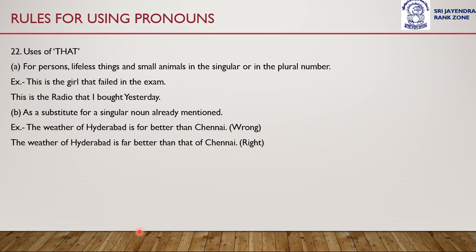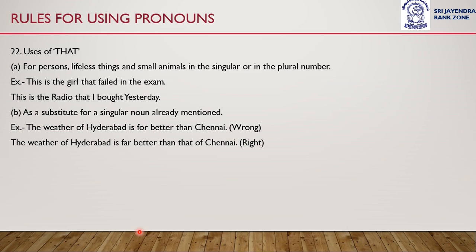Now let us discuss the uses of that. It is used for persons, lifeless things, and small animals in the singular or in the plural number. For example, this is the girl that failed in the exam. Also, this is the radio that I bought yesterday.